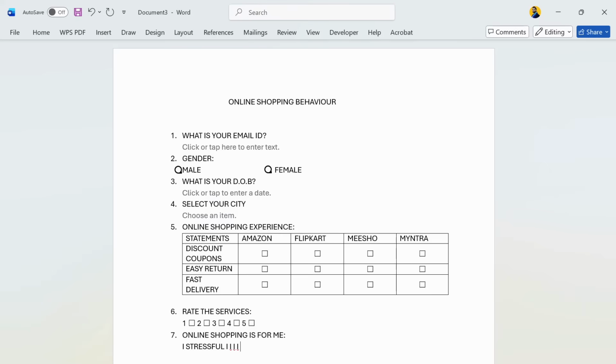And here we will write relaxing and again I, and these are the spaces which are given. Now we can again plot the checkbox.